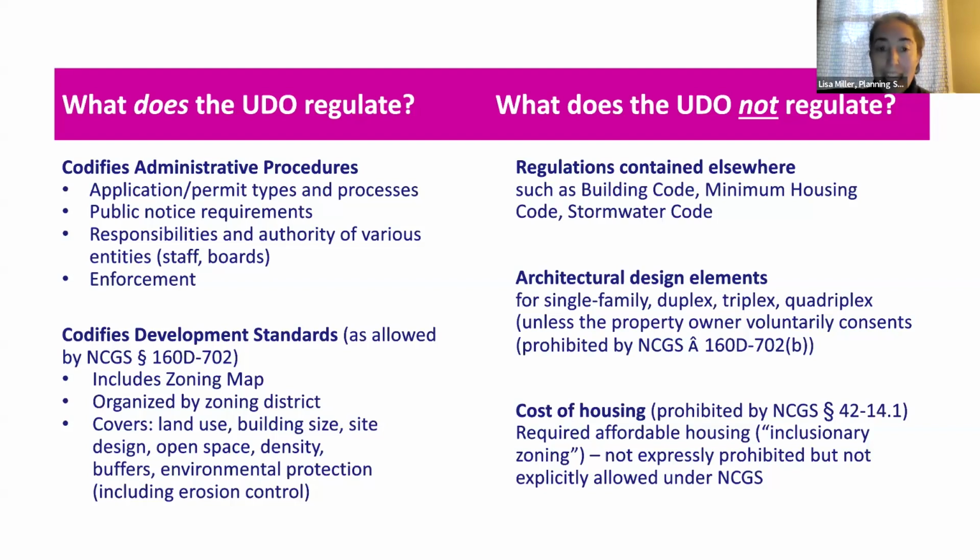The other piece that we can't regulate is the cost of housing or requiring housing affordability. So that's another piece that we know is really important, and we'll share some information about opportunities for incentivizing affordability in new development later on as well.